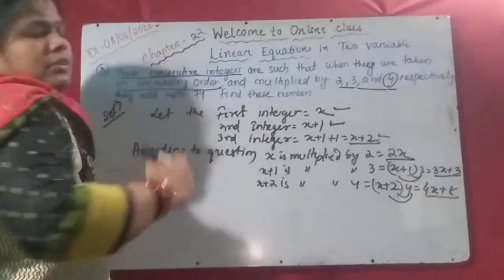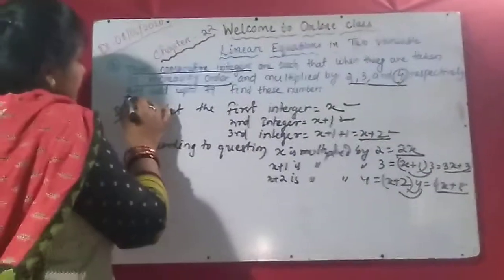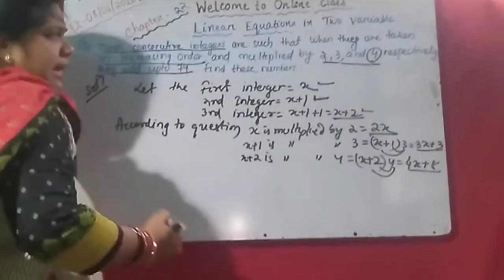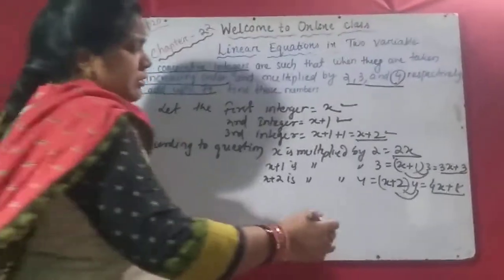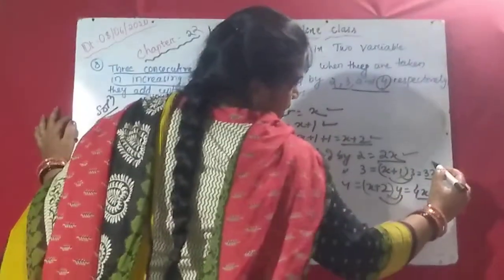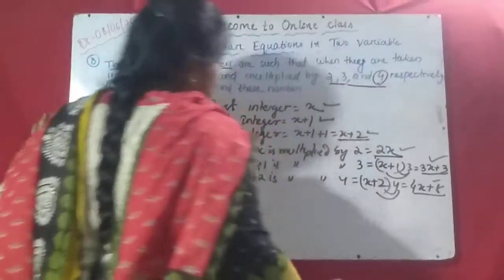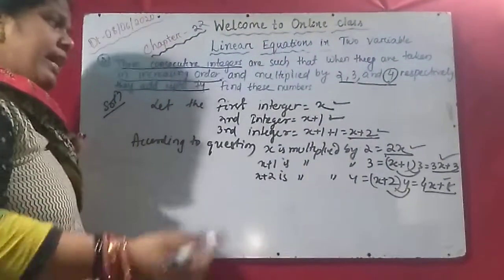Next, come to the last line: they add up to 74. That means when we add 2x, 3x plus 3 and 4x plus 8, we get 74. Write down. Add means plus.